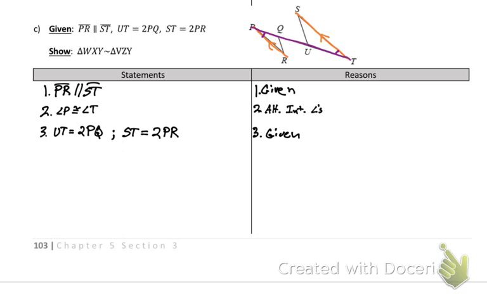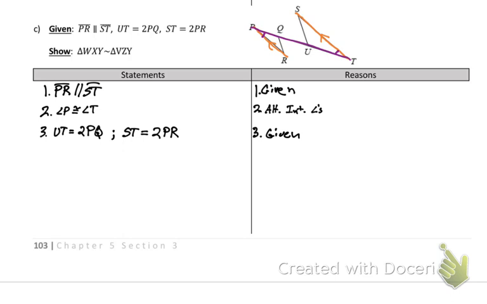All right, UT equals 2 PQs. ST equals 2 PRs. Let's just look at that and see if we could at least describe what's happening here. Now, remember, to be proportional, picture if I have a scale factor.